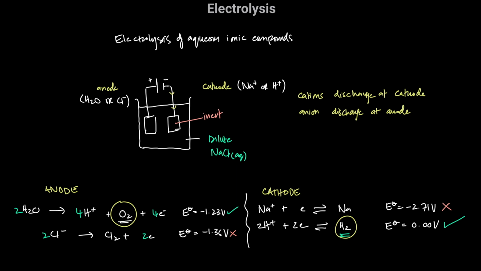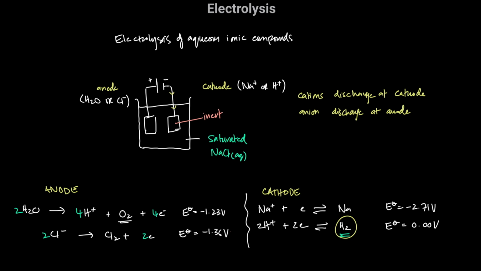So now we're going to look at what happens when we have saturated sodium chloride instead of dilute aqueous sodium chloride. So we have a saturated, or highly concentrated, solution of sodium chloride. Now we have the same half equations for the anode as well as the cathode.